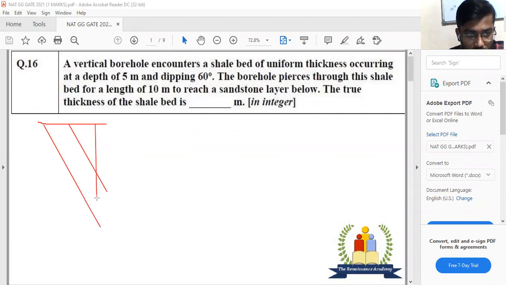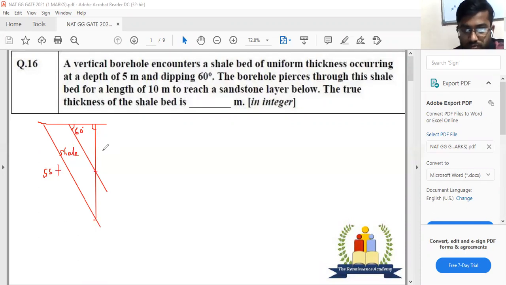And this is your vertical borehole. Now see here. So the bed is dipping 60 degree. Okay. Means this is 60 degree and this is vertical borehole. Now this is piercing from here up to this. Okay. So this is shale bed and here you have sandstone.